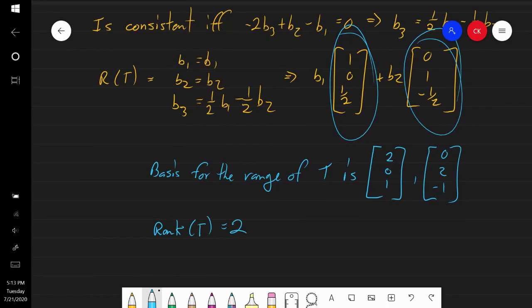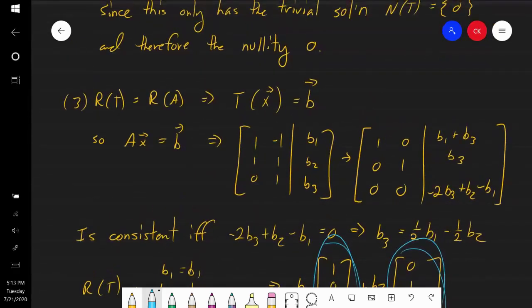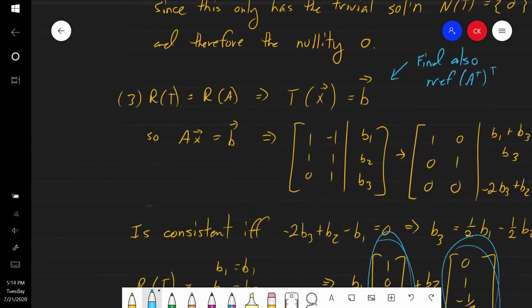So just some notes that I want to make here as we went through this. When we were looking for the range of A, if we remember that the range of A is equal to the column space, then we can also find a basis here by going RREF of A transpose. So that's a reminder that we have an alternate definition for the range, again, as the column space. And also we can sort of clean up our work a little bit here.